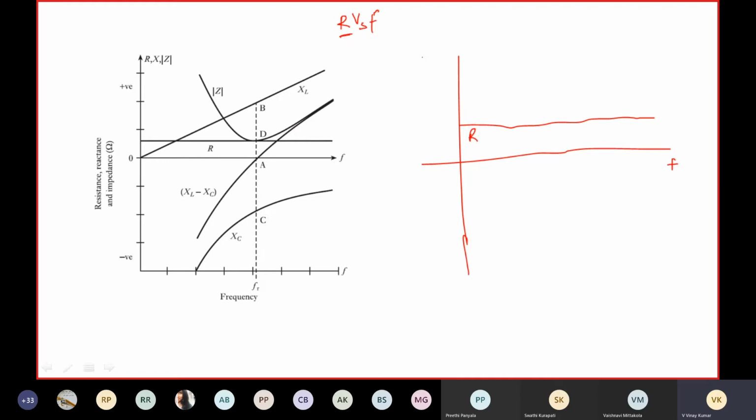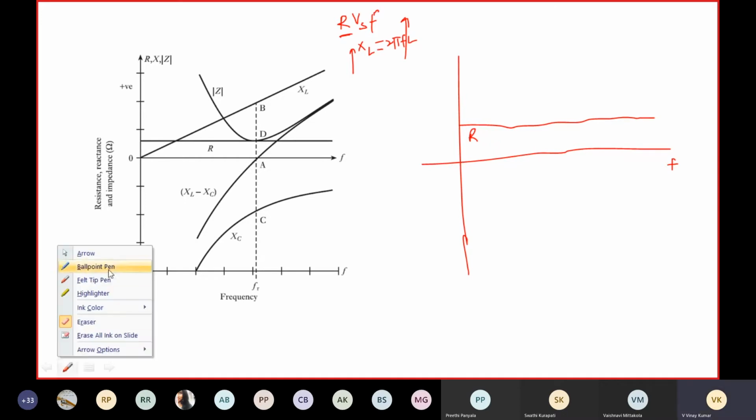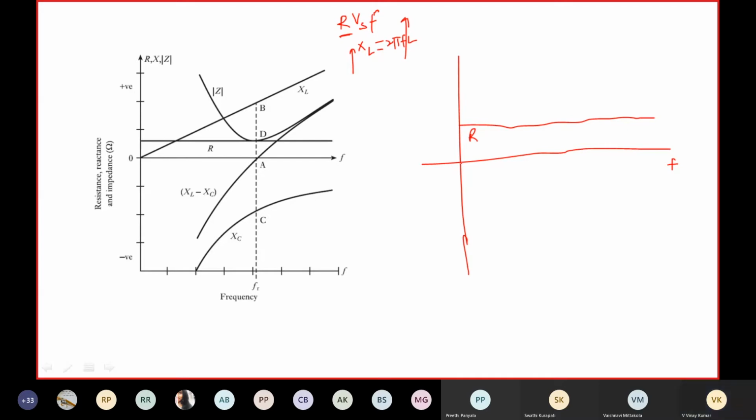Coming to XL, XL is equal to 2 pi FL. With the increase in frequency, XL will be increasing linearly. XL increases linearly.